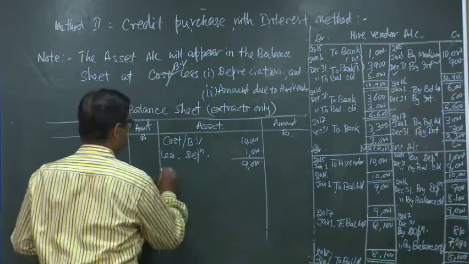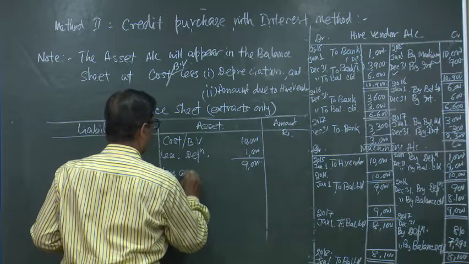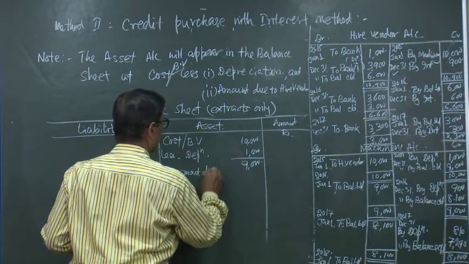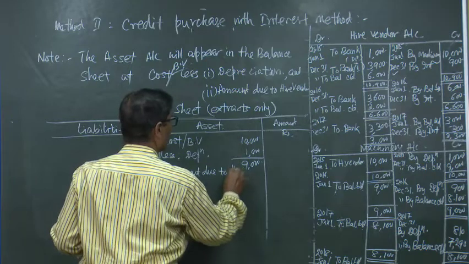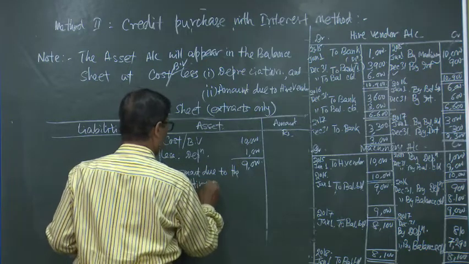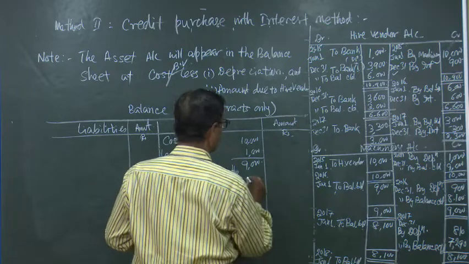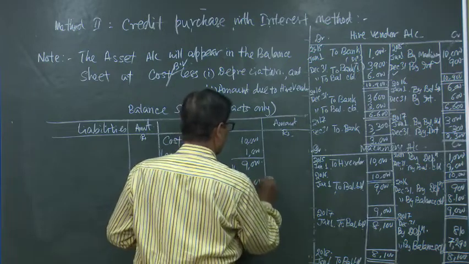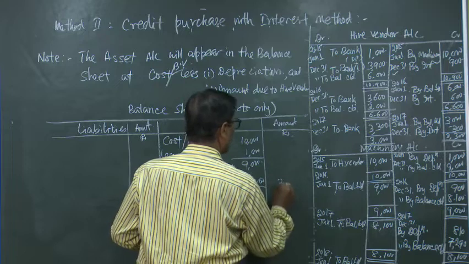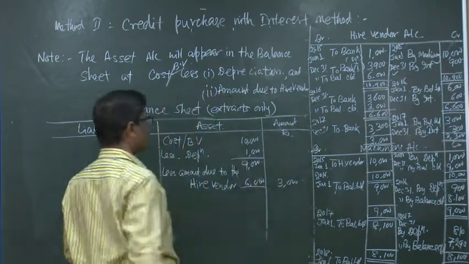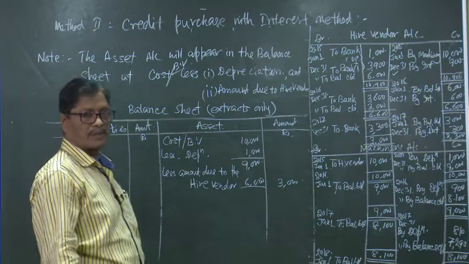So, less amount due to the hire vendor, that is 6,000. So, you can show it at 3,000. So, asset value will be shown at 3,000.